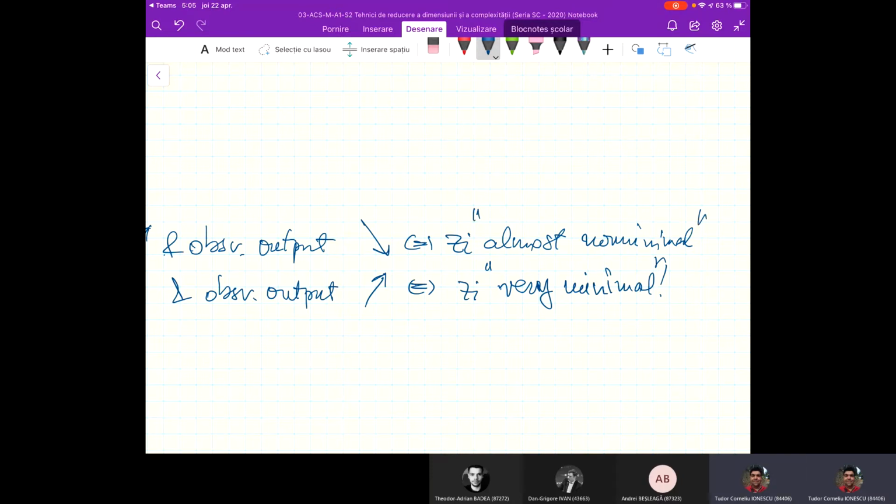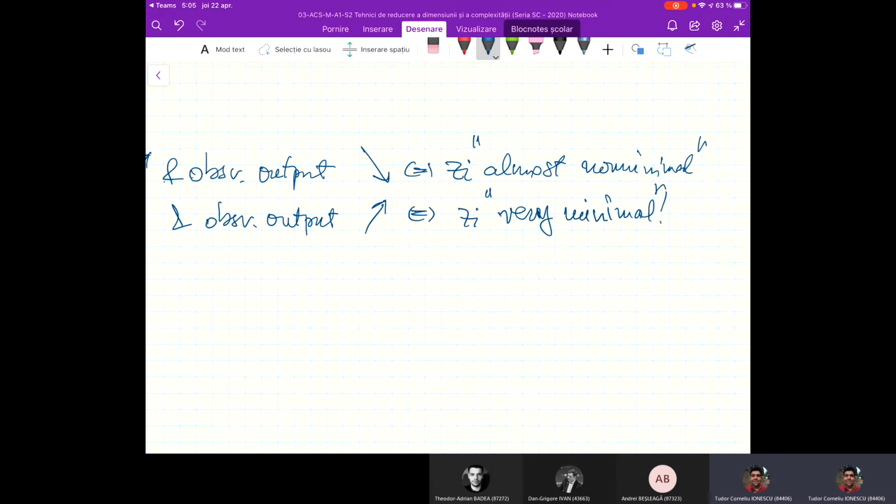So if you do approximation, you have z1, z2, zi plus 1 up to zn. These are all the balanced states. How do you approximate the system?